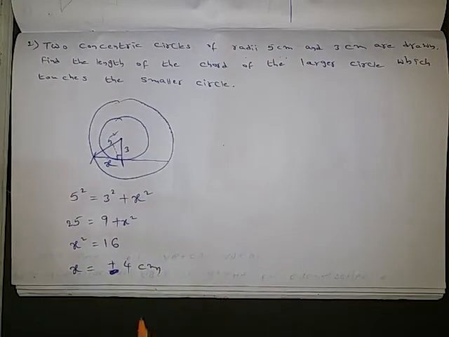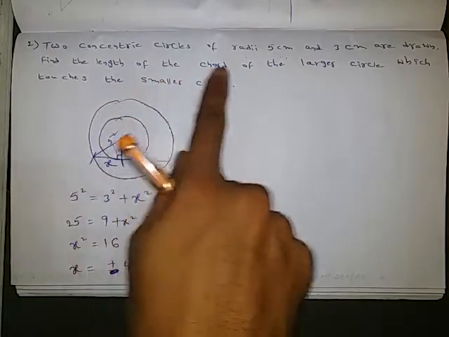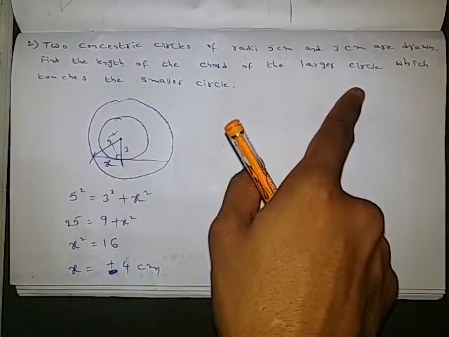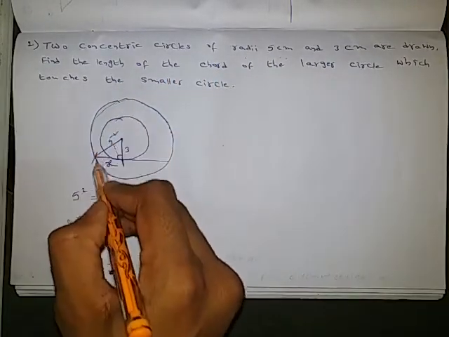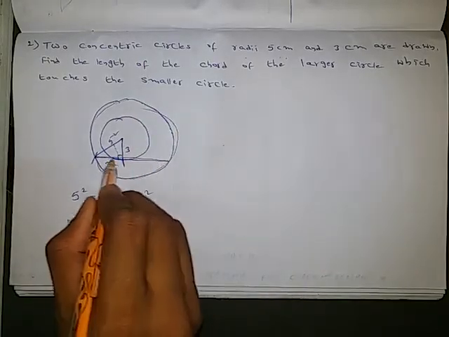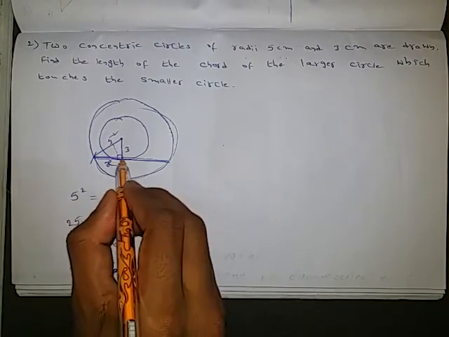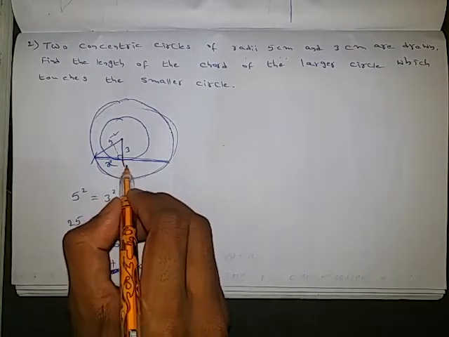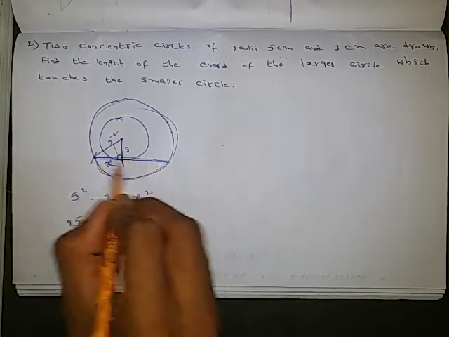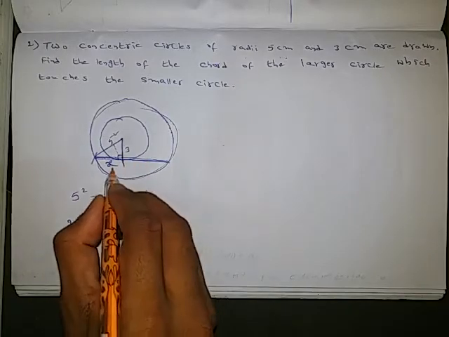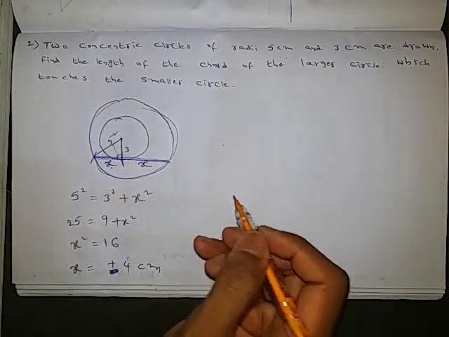Next, what is he asking then? Find the length of the chord of the larger circle. Now for the larger circle, this total line will become the chord. It means where exactly this radius is touching the tangent, it is making the total line into two equal parts. So if this is x, this half is also x only.